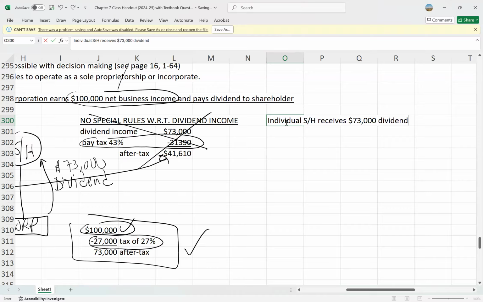Now remember I said there was two types of dividends. These dividends will be eligible dividends. You'll be told what type of dividends they are. The individual then will basically take the 73,000, the actual dividend of 73,000, and then they have to gross it up. And this is where I'm going to take you to the rates table. So let me bring up the rates table quickly.